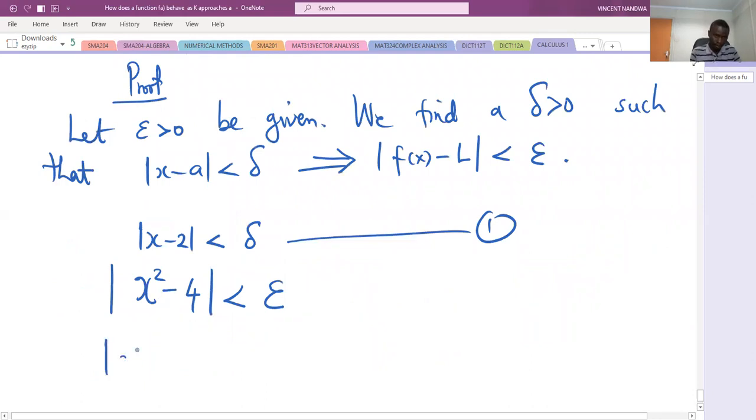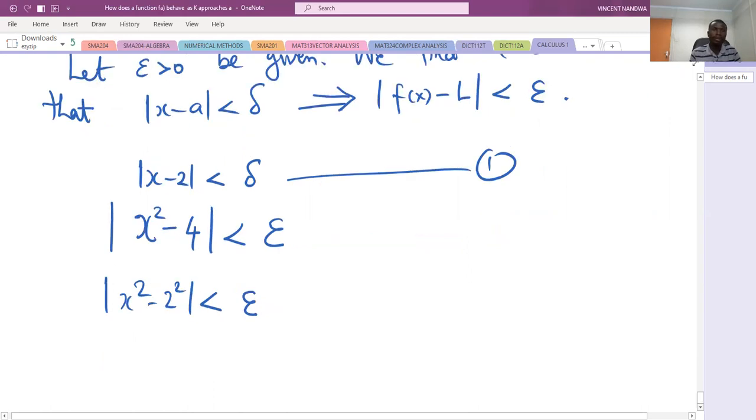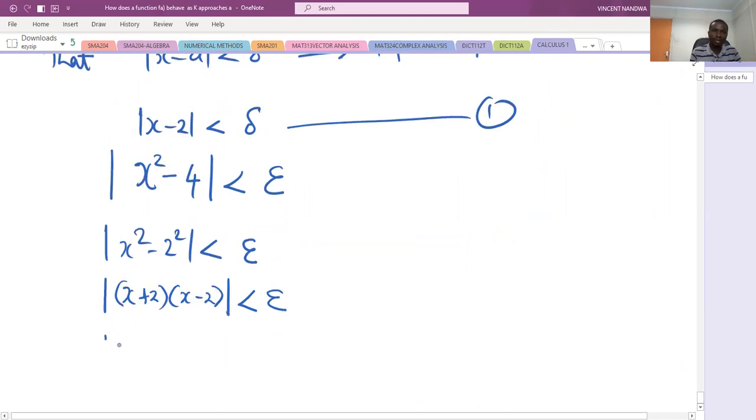So x squared minus 2 squared will be x minus 2 times x plus 2, the factorization of the difference of two squares. So here we have absolute value of x plus 2 times absolute value of x minus 2 less than epsilon.